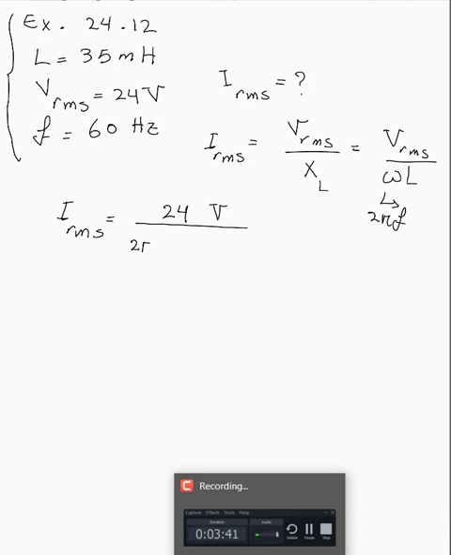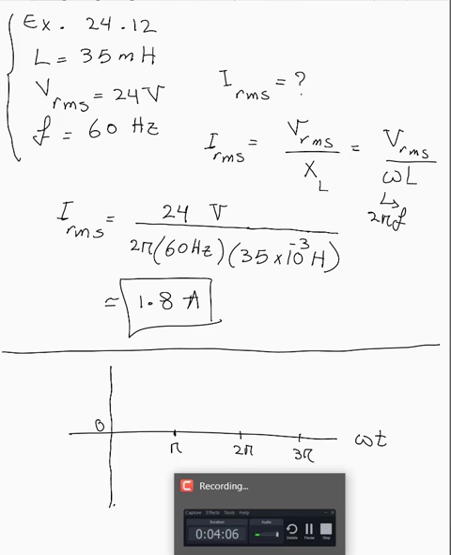So 2 pi times 60 Hertz, and then times L, which is 35 times 10 to the power of negative 3 Henry. So I'm just converting the milli to Henry here. So if you calculate this, you will get around 1.8 amps.